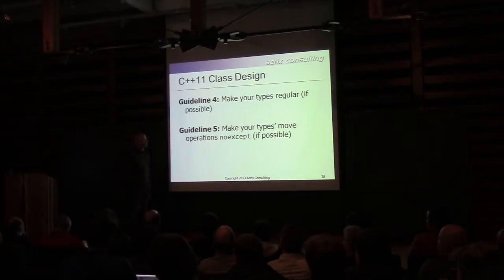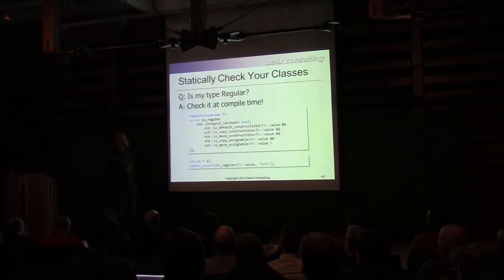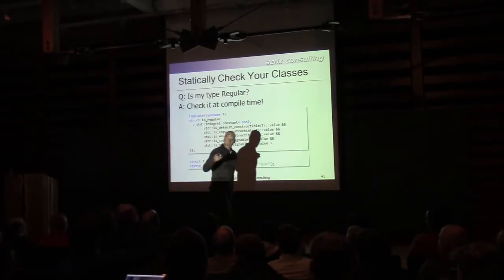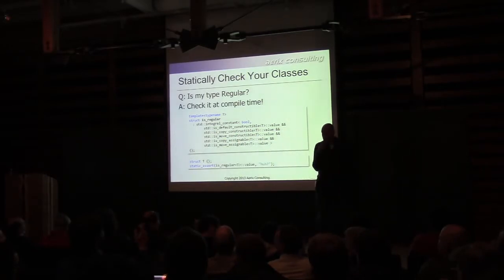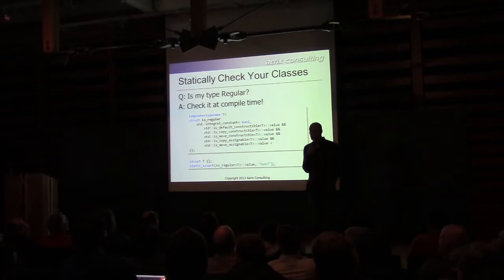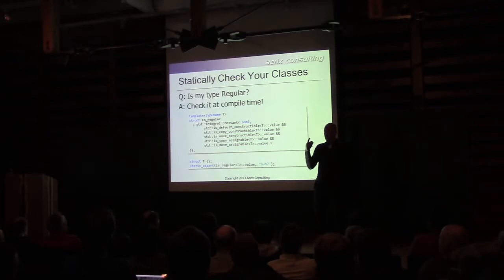Okay, so you want to know whether your type is regular? Question: does that mean essentially both the move constructor and move assignment should be nothrow? Yes, the question is, should both move assign and move construct be noexcept? And yes, both of them.